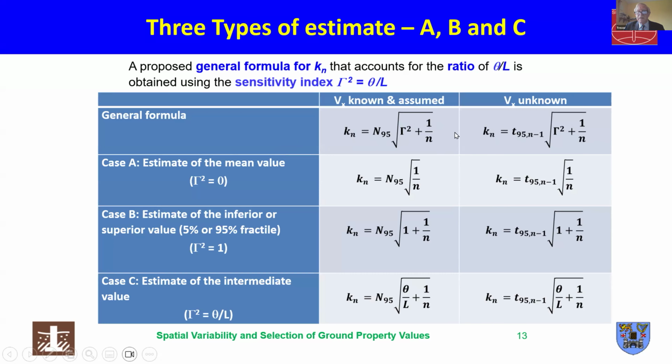Then putting in the appropriate gamma squared, when gamma squared is 0, you get the equations for type A. When gamma squared is 1, you get the equations for type B, and those should be types rather than cases. For type C, you get theta over L plus 1 over n, and theta over L plus 1 over n again for the Vx unknown.